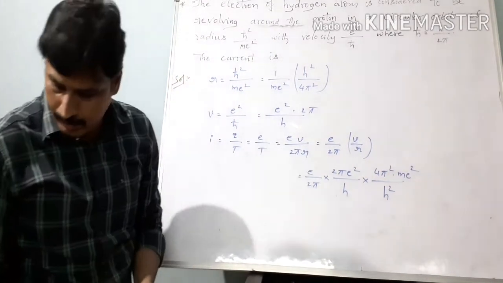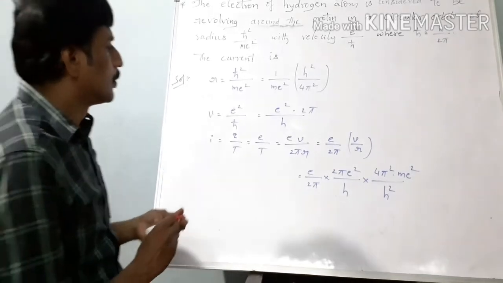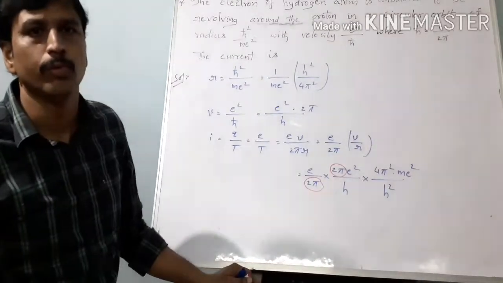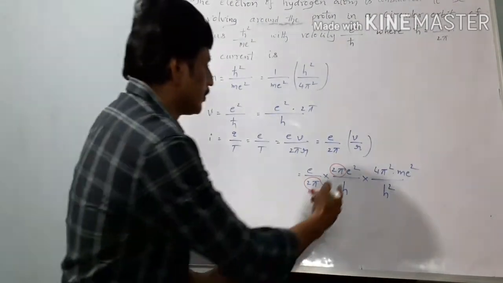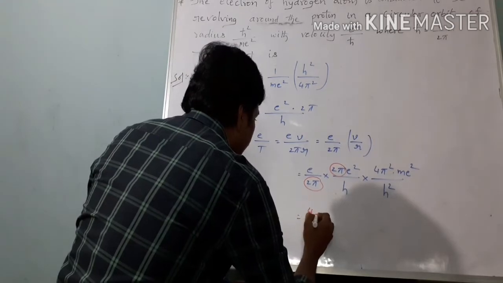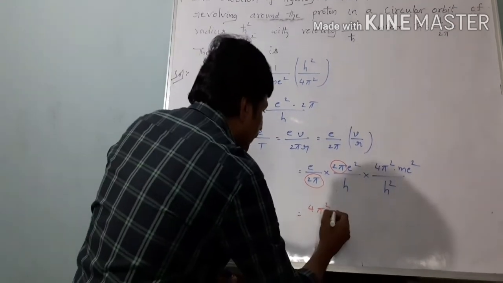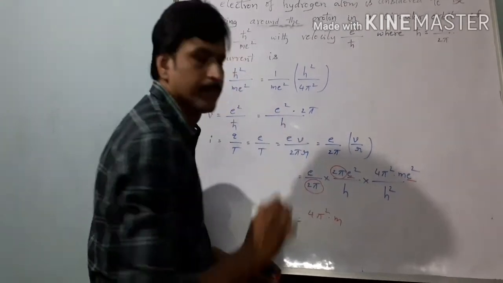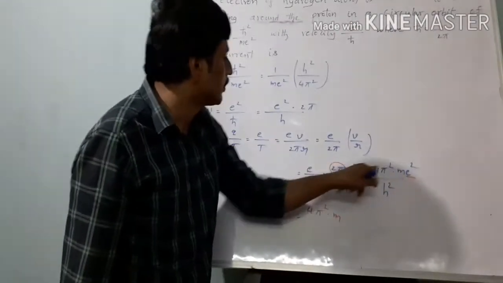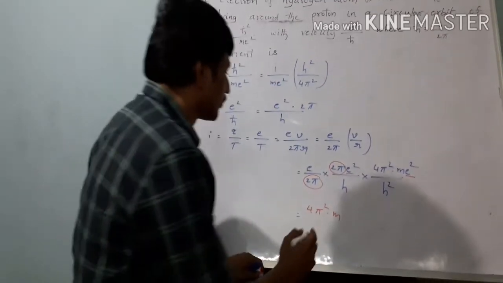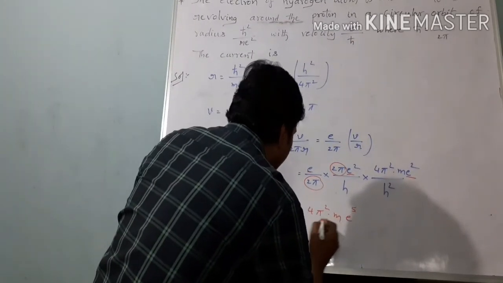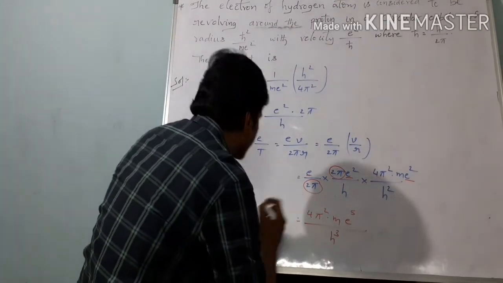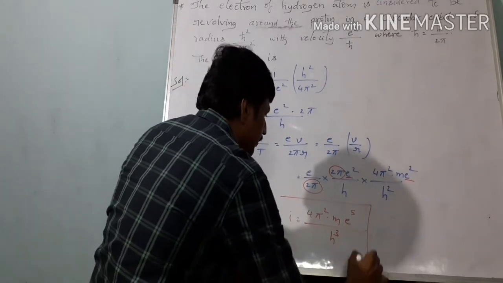Okay, calculating, 2 pi cancels. So 4 pi square m in the denominator. Here e square into e square into e gives e power 5. The denominator has h cube. This is the final answer.